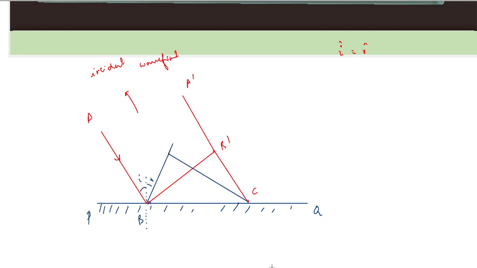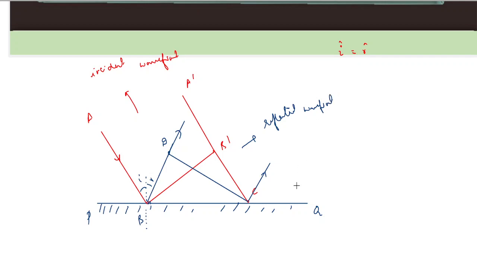This also goes like this. Let's call this point D. So this whole part would be the reflected wavefront. Let's not draw the common tangents, let's draw only the edges of the wavefront. This part is called the reflected wavefront.